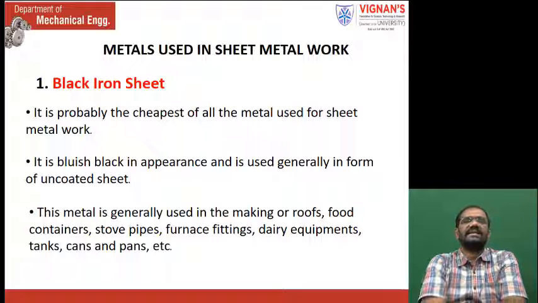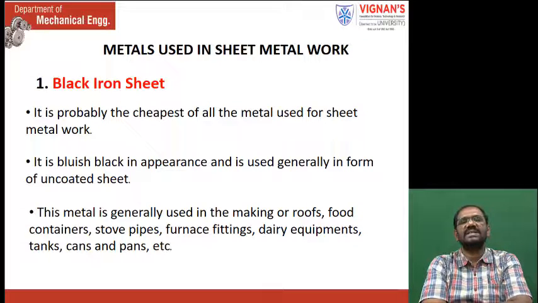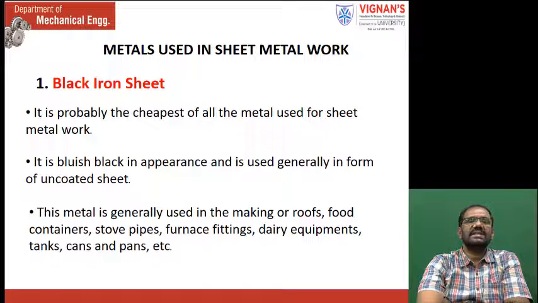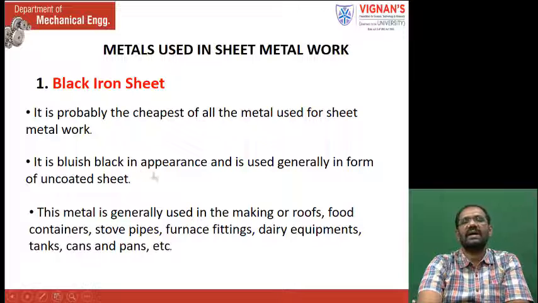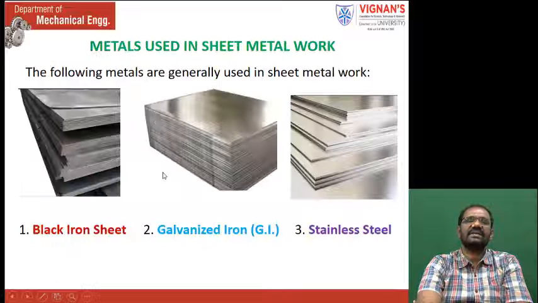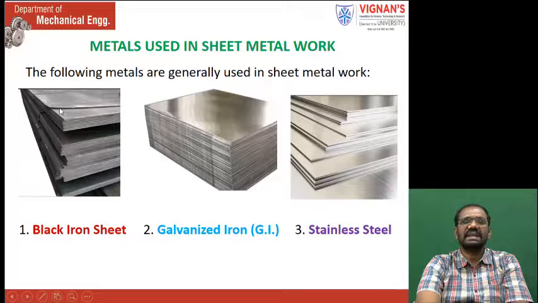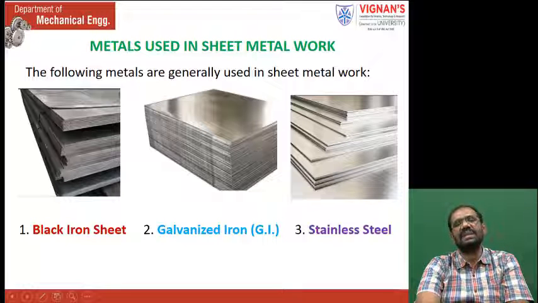Next, black iron sheet. It is probably the cheapest of all the metals used for sheet metal work. It is bluish black in color and is generally used in the form of uncoated sheet. If it is coated with zinc, you will get galvanized iron.